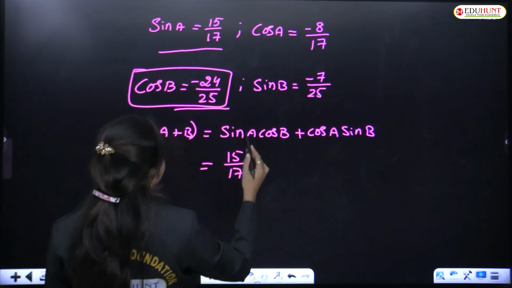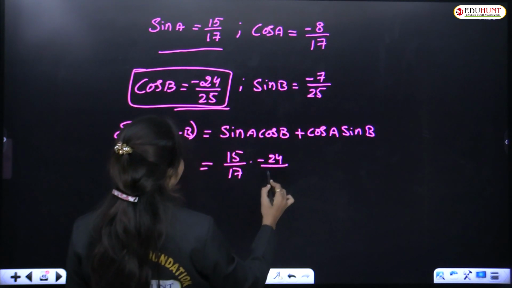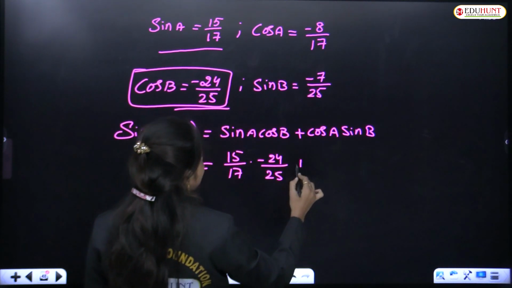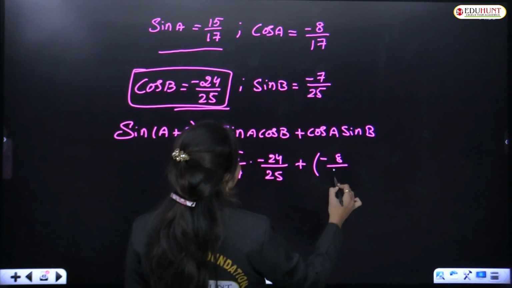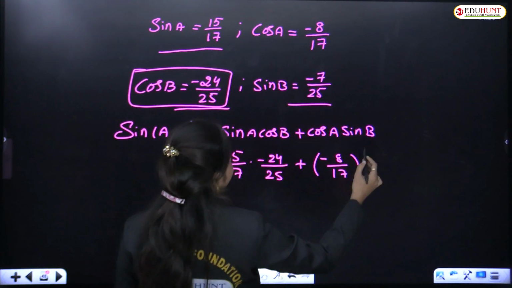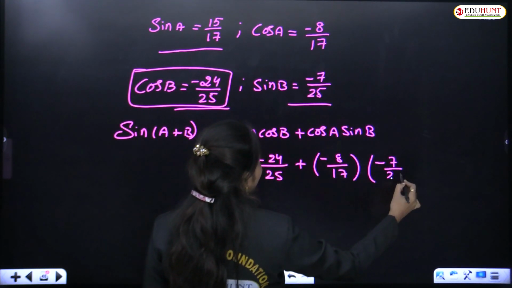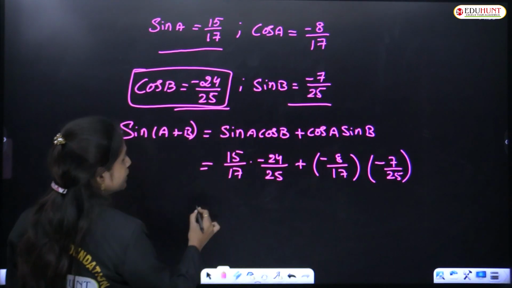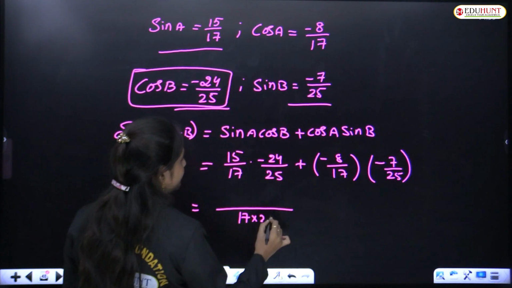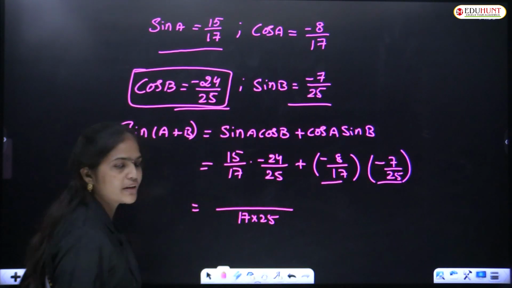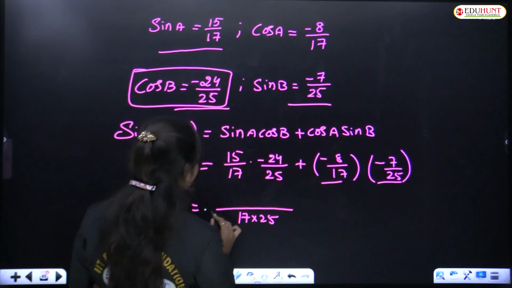Cos B is minus 24 by 25. Plus cos A is minus 8 by 17, sin B is minus 7 by 25. Here these two denominators, 17 into 25, are common, so take it as common.